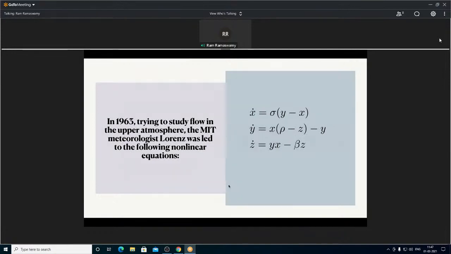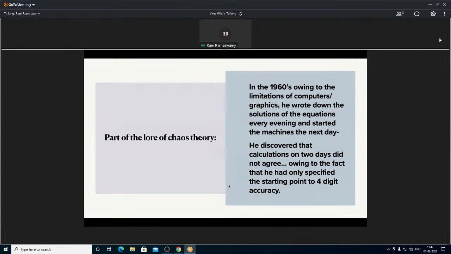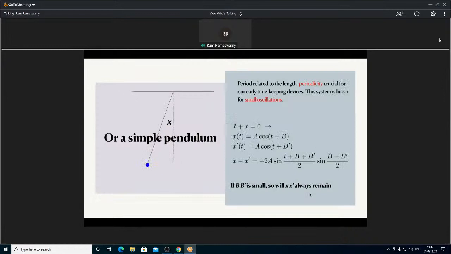And Lorenz found that when he did these calculations using a computer on 2 different days, the calculations did not agree. And he traced this to the fact that the difference in the initial conditions was only 0 up till 4-digit accuracy. So let me just go back over here.